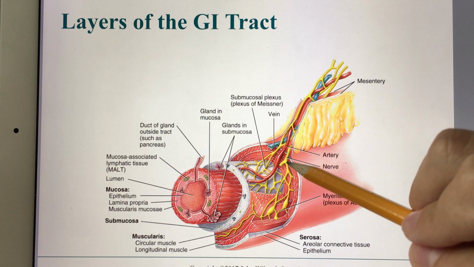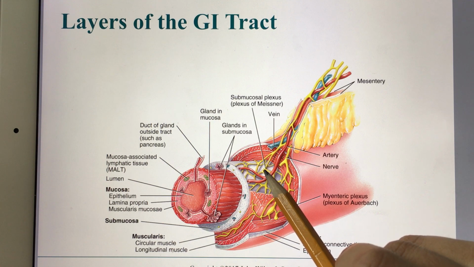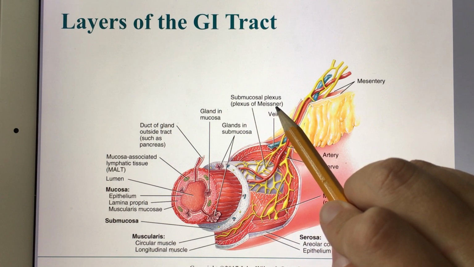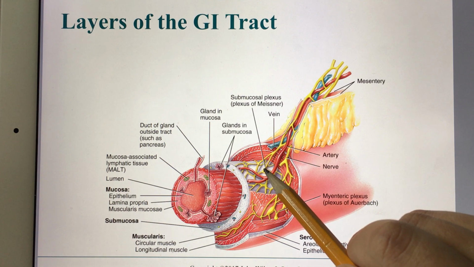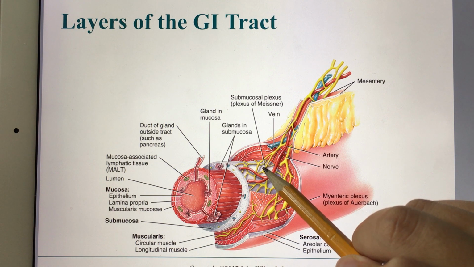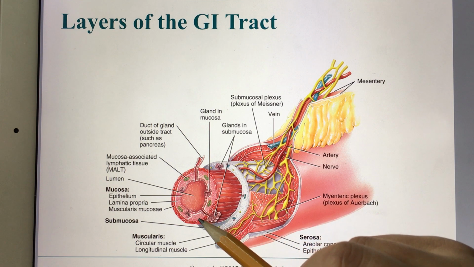These nerves form these networks, and these networks of nerves are referred to as plexuses or enteric plexuses. The plexuses in the submucosal layer are called submucosal plexuses or plexus of Meissner. These plexuses, for example, contain sensory receptors that can detect the chemicals that are located inside of the digestive tract.